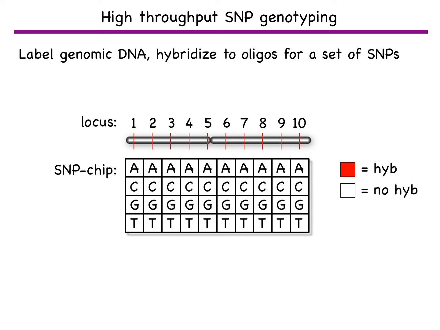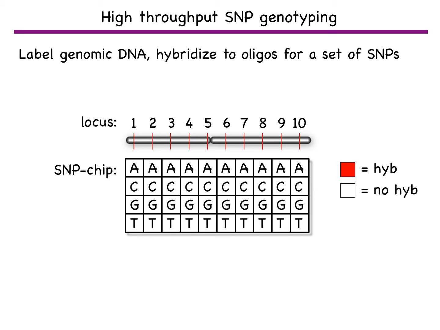In other words, you see variation at these 10 spots. So you can create a SNP chip with oligonucleotides specific to each of these 10 spots, but each of these oligos only differ from one another in the base that you know is polymorphic at these 10 different spots.